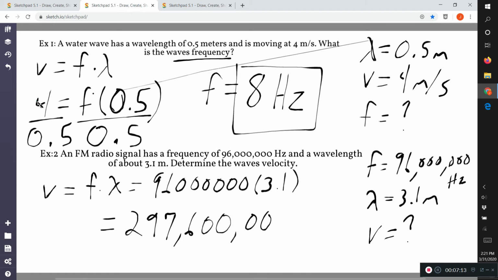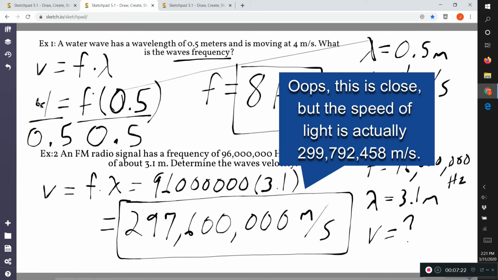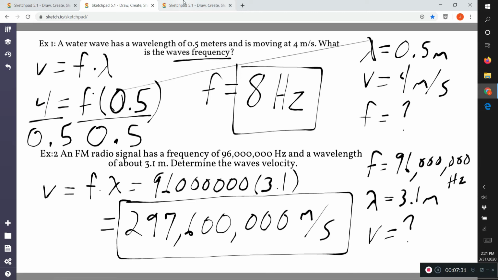And that is a velocity, so it'd be measured in meters per second. Turns out this is the speed of all electromagnetic waves. Light, radio waves, gamma rays, all those move at that velocity, which is incredibly, incredibly fast because it is the speed of light after all.